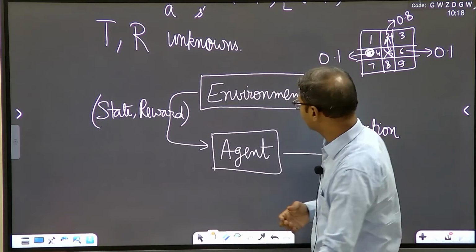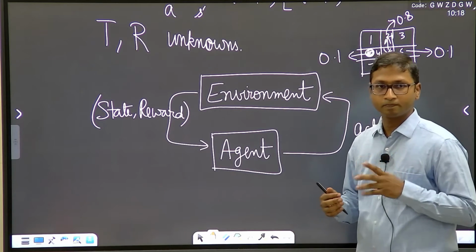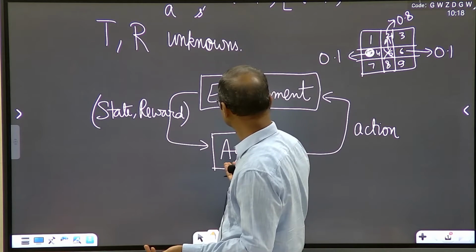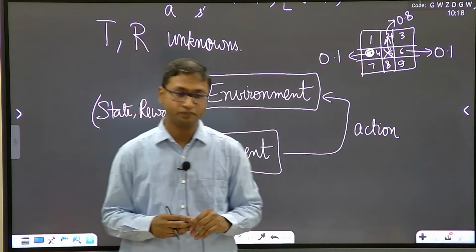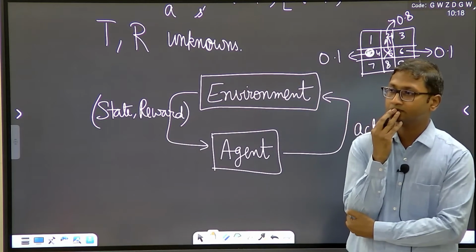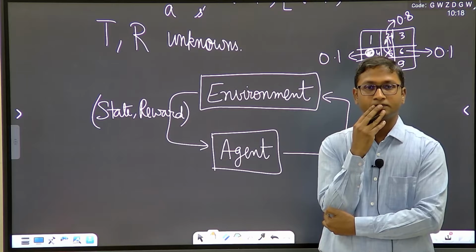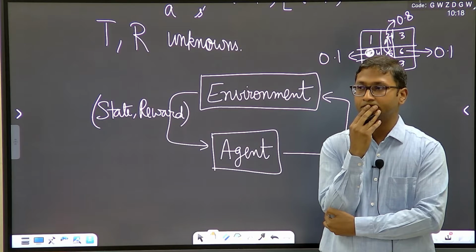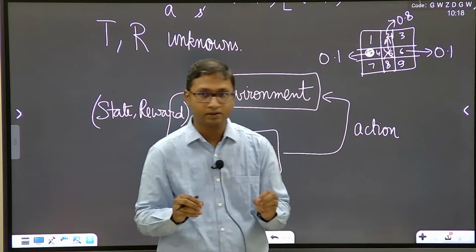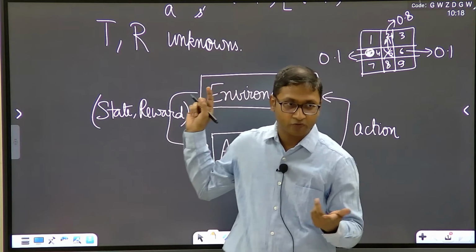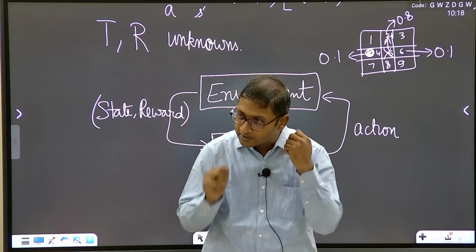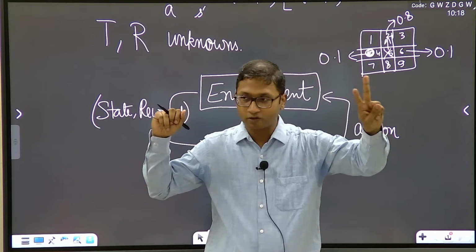Right. Where was I? What is reward now? Remember, I start from a start state. I take actions north, east, west, south, right? And assuming that right now there are no immediate rewards, there are only two kinds of rewards. What were they?